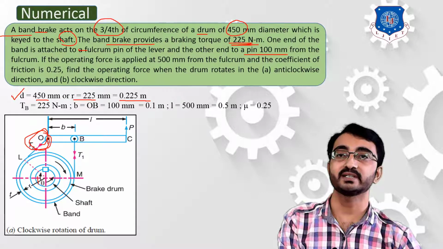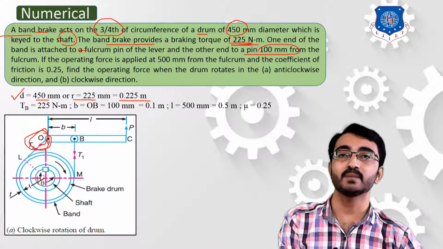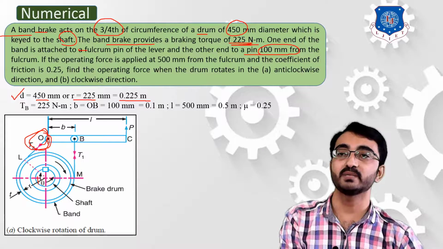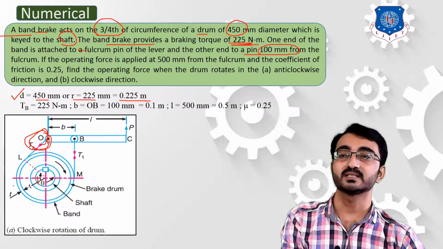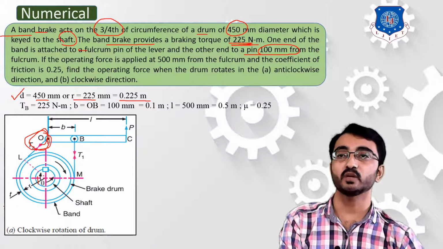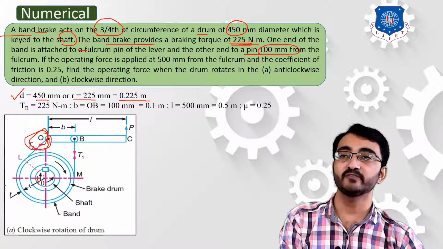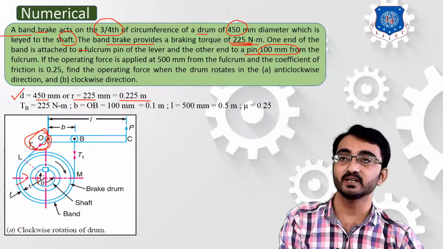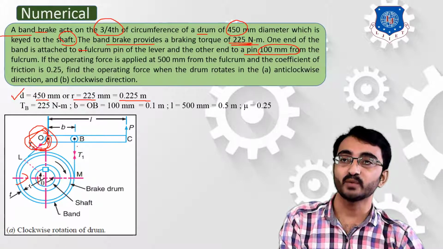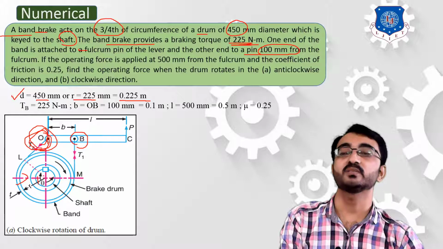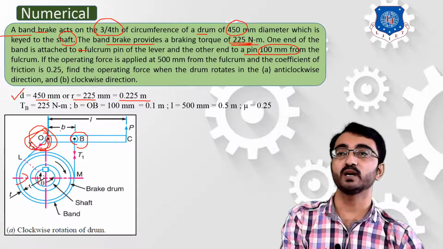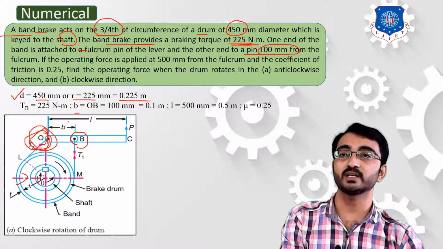So the first data they have given is this 100 mm distance. This 100 mm is the distance to the second point of contact. Your band is connected at two different points: the first point at the fulcrum point, and the second point at 100 mm from this fulcrum point.